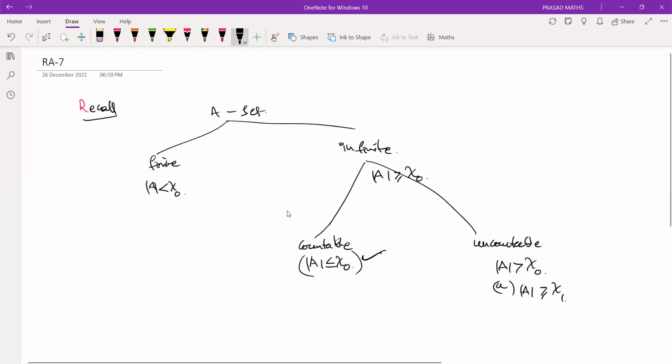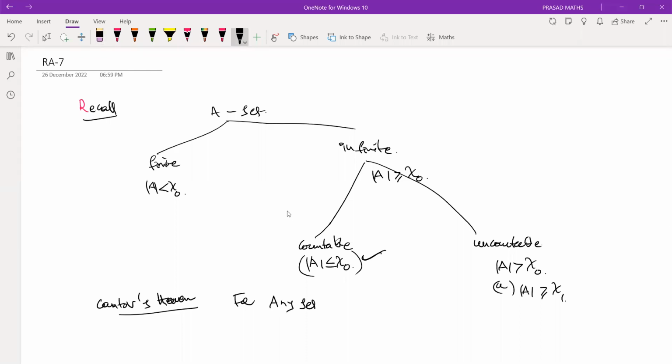Next is Cantor's theorem. What is Cantor's theorem? There is no surjection. Simply we can write it in notation: for any set you take, cardinality of A is always strictly less than cardinality of its power set. We've seen this.